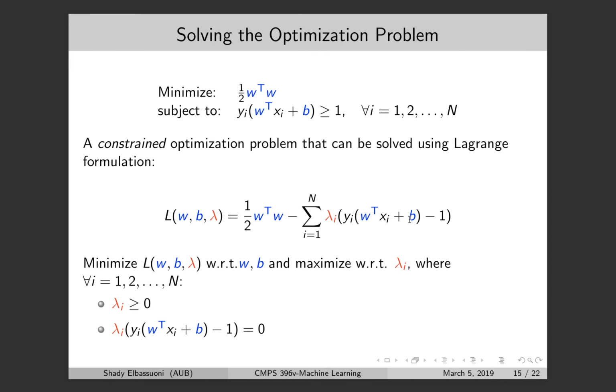So basically either lambda i is equal to 0 or yi (W transpose xi plus B minus 1) is equal to 0, for every point i from 1 to n.